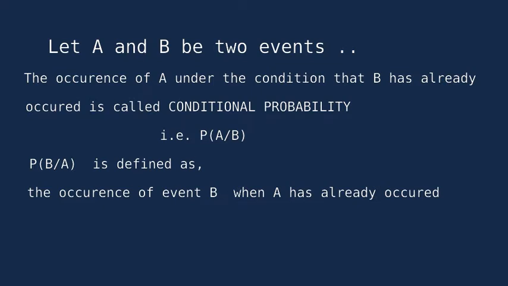In fact, the meaning of the symbols P of A bar B and P of B bar A depends on the nature of the events A and B, and also on the nature of the random experiment.